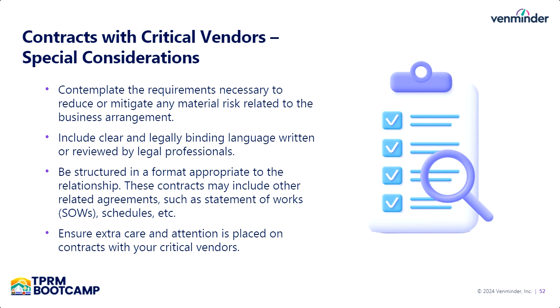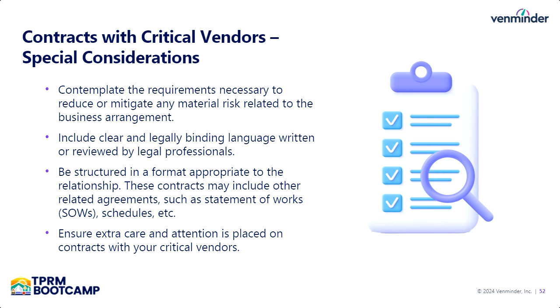And I mentioned this on the last slide, but with your critical vendors, it again is best practice to ensure that these contracts are overseen by your legal professionals, whether they're in-house or external or whatever it is you're using. There are many ways to structure a contract document, so you want to make sure it's structured to suit the business relationship.